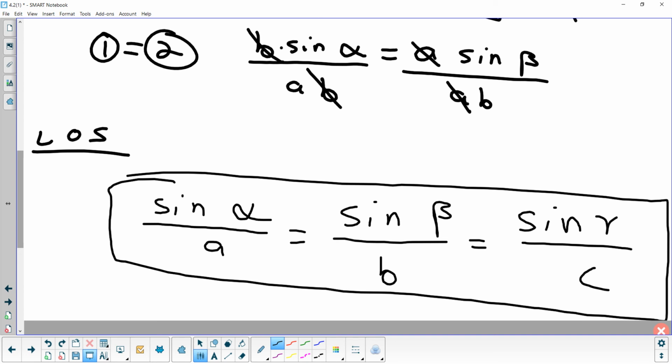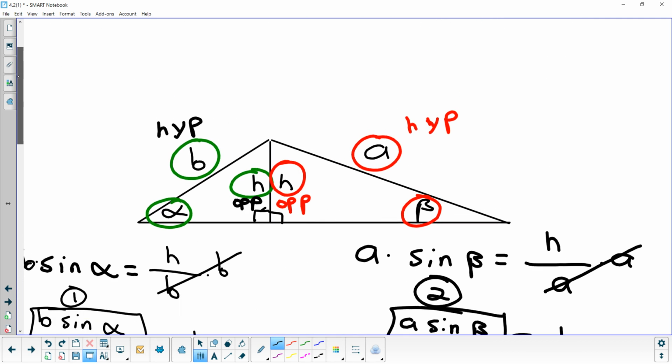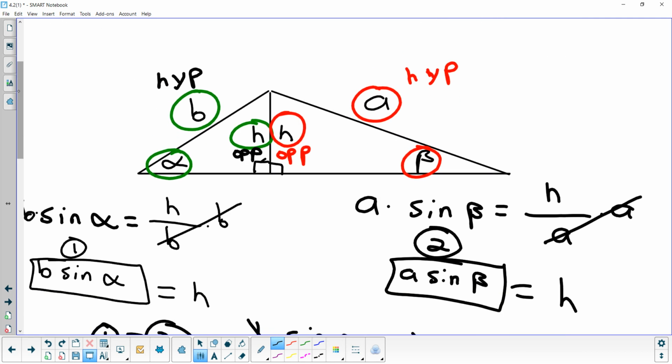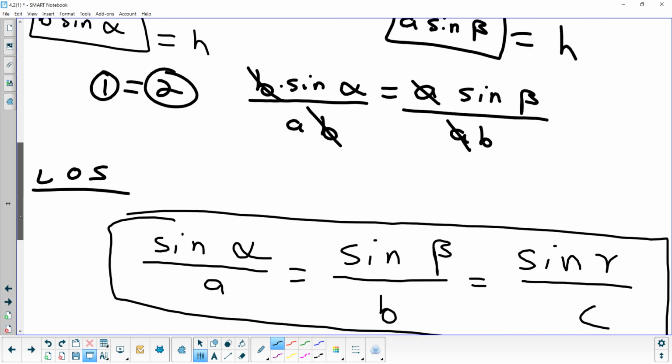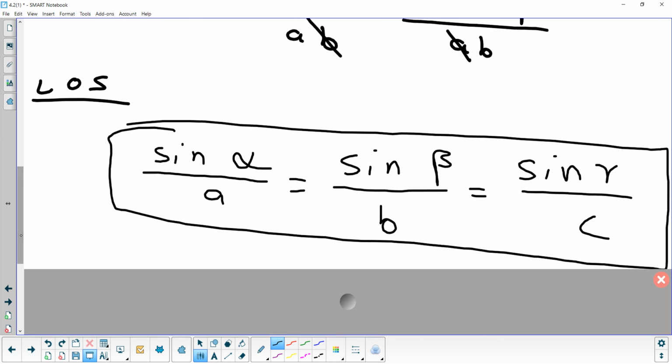Now, we could easily prove this last fraction just as easy as I proved the first two. I'm just not going to go through basically the same proof again. All you have to do is draw, instead of drawing the height to that side, draw it to a different side. And we could do it. But that's the law of sines.